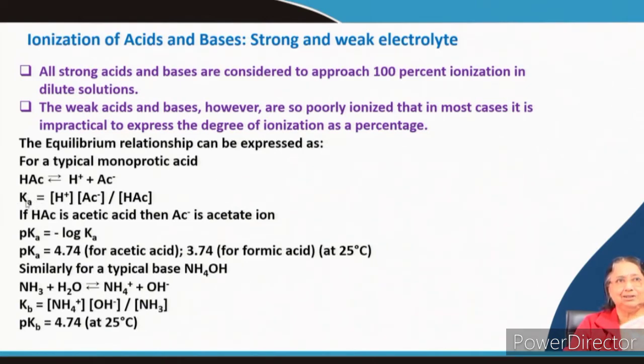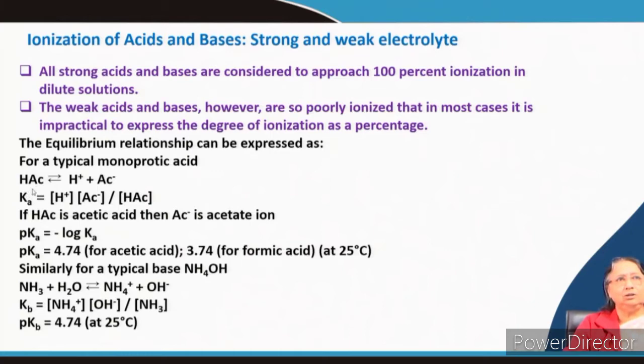This is the acid, that is why A is coming, and from this equation we can easily tell that Ka is nothing but H plus ion concentration into acetate ion concentration divided by the undissociated acetic acid concentration.